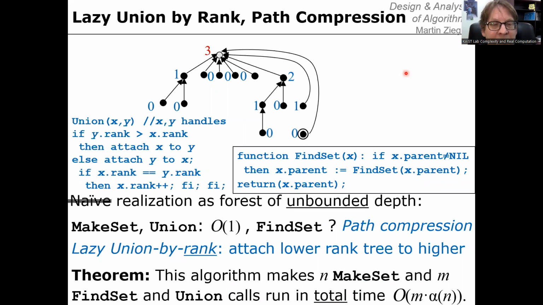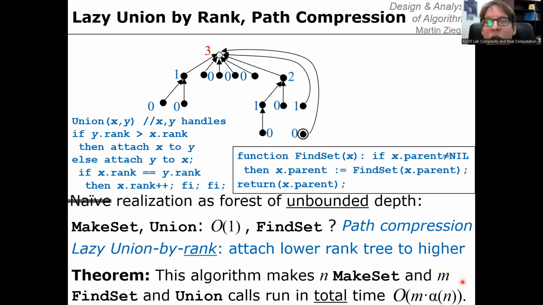We're going to see that, again, we have a sequence of n calls to make set and m calls to find set and union, and now the total time is m times alpha of n, where, if you remember when we talked about it, alpha is the inverse Ackermann function. It's one of the slowest growing functions in computer science.